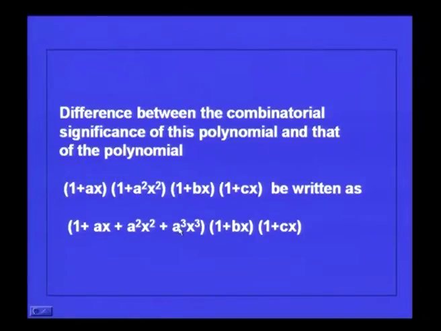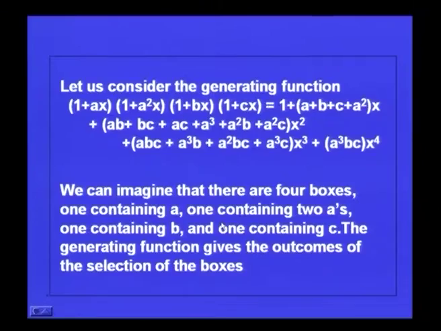This is different. Here you are not allowing A to be selected once, twice, thrice and so on. So, that is not the same thing. So, if you look at this expression 1 plus ax into 1 plus a squared x into 1 plus bx into 1 plus cx, if you expand, it will be like this.